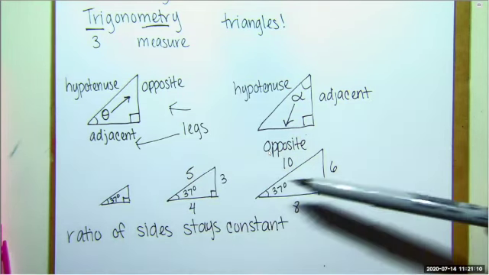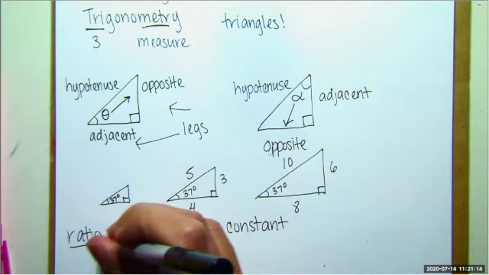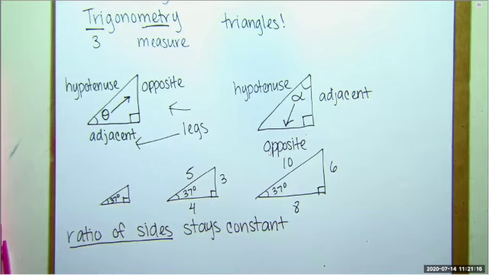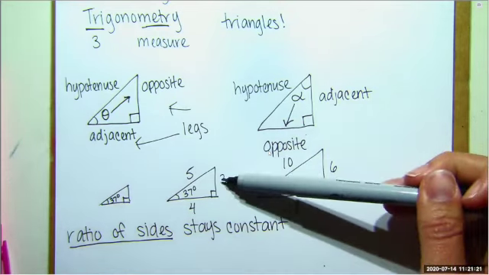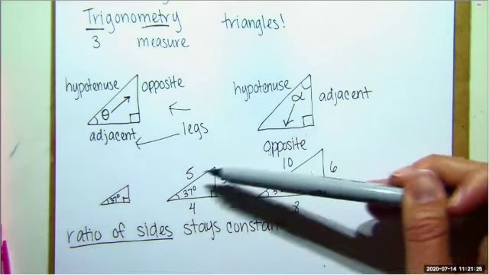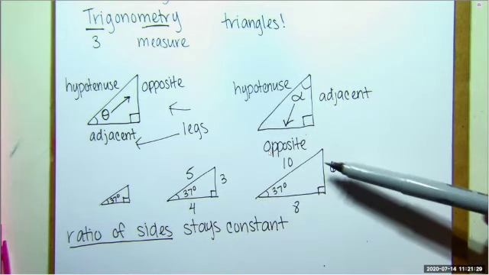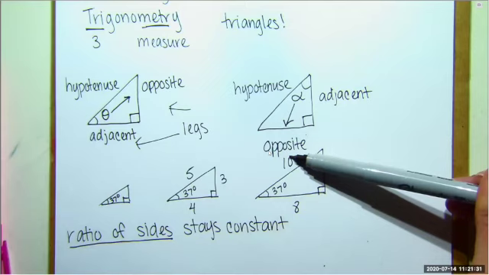Now, what happens is, as big or as small as this triangle is, if we look at the ratio of sides, ratio means fraction, right? If I look at, for example, the ratio of this side over this side, I would get 3/5. If I look at those same 2 sides here, I would get 6/10, which reduces to 3/5.